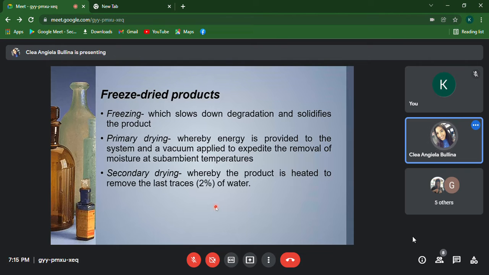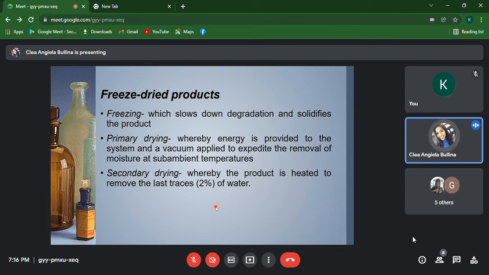Okay, sub-ambient temperatures. Lastly, we have secondary drying, whereby the product is heated to remove the last traces of water, which is around 2%.